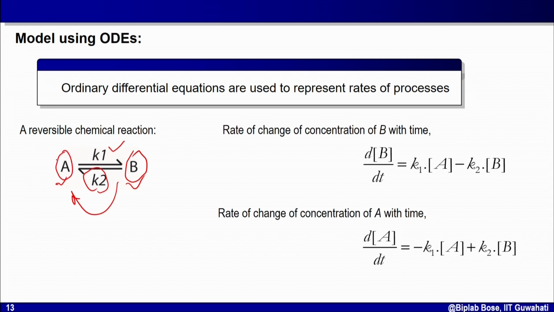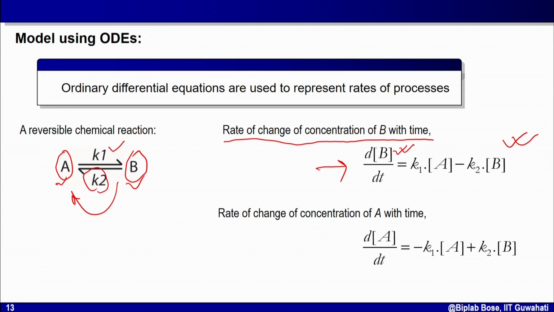Let's see. So the first ODE that I have written represents rate of change of concentration of B with time. So how am I representing it with an ODE? I have written d[B]/dt. Remember, this square bracket represents molar concentration.